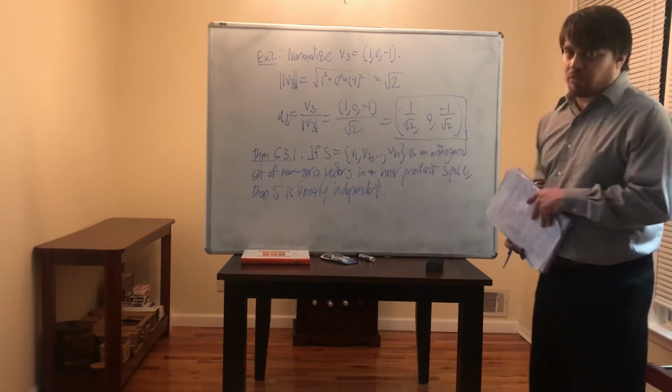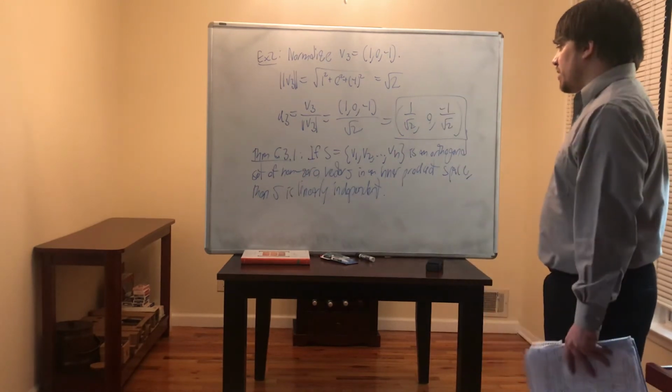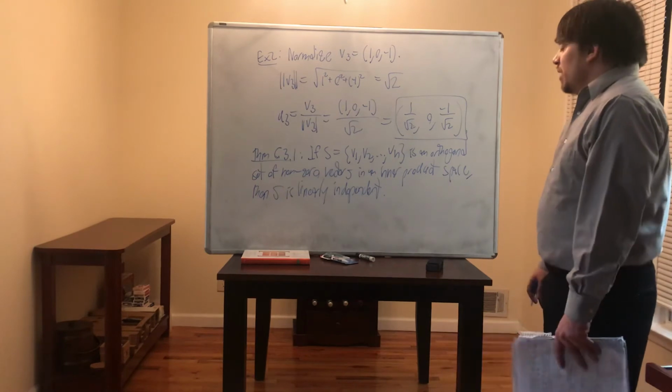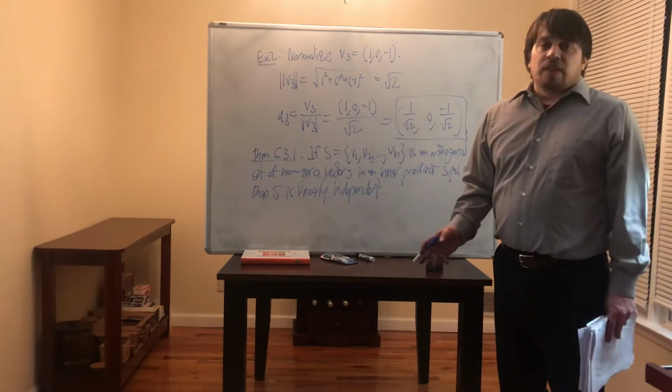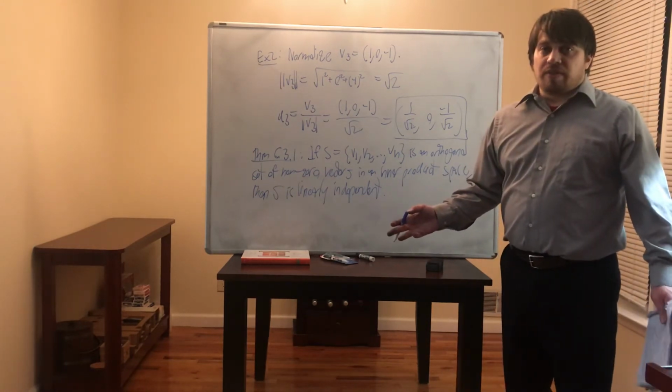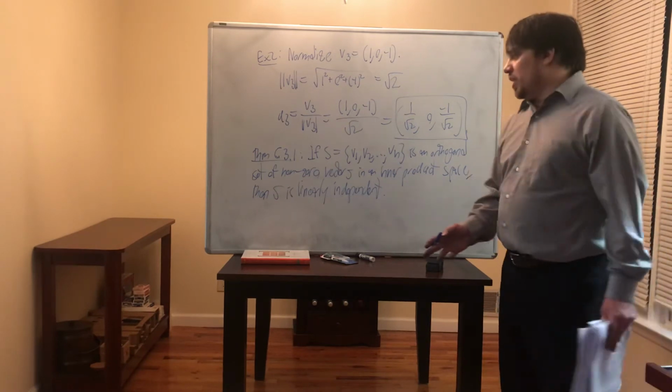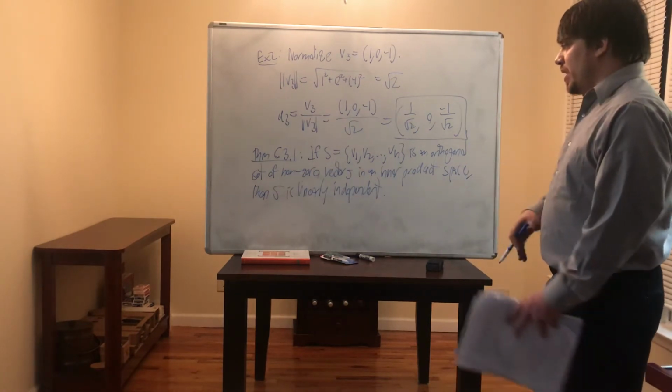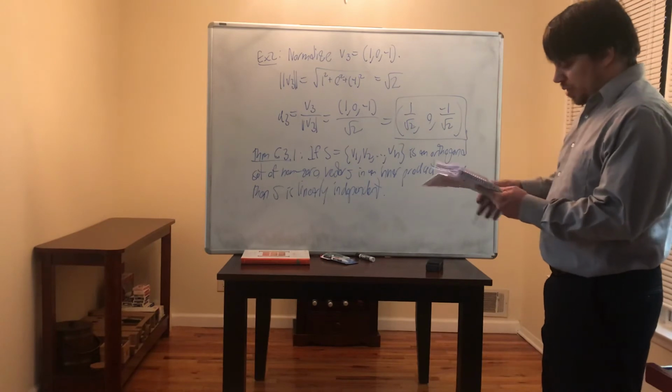Okay, so that's theorem 6.3.1. So if you have an orthogonal set of non-zero vectors, and they're all orthogonal, or perpendicular, to each other with your given inner product function, then S is a linearly independent set. That's theorem 6.3.1.